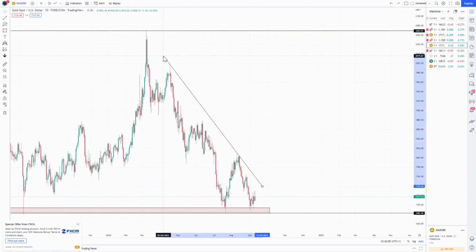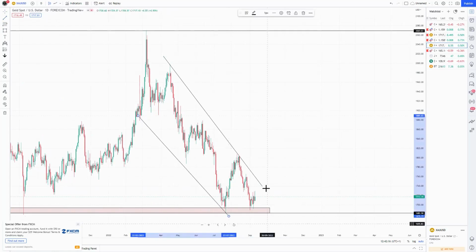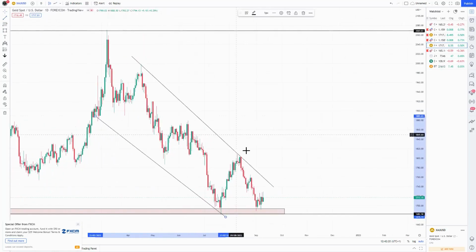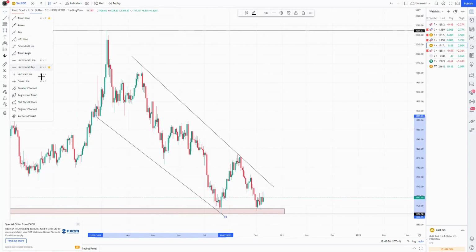Let me adjust it. So let's mark. So let's check for inner trends. I can't see any inner trend, so let's just mark out our levels on gold.